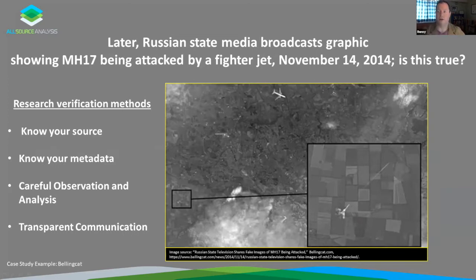So it's important to point out that this example story is much different than the first story that was published by the Russian state. The first story, if you remember, suggested that Ukrainian air defense may have shot down the jet. Well, this suggests a fighter jet shot down the passenger airliner.